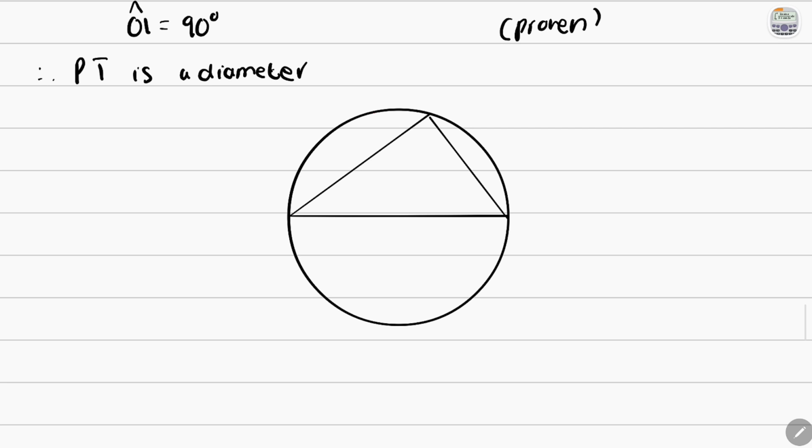So if you are given a circle and you are told this is a diameter, I'm not asking to find or prove that it's a diameter. I'm telling you it is a diameter. So if this is a diameter, what would be the size of this angle? This angle would be equal to 90 degrees, because we know that if an angle is subtended by a diameter, as you can see, this is the diameter, the one point to the other point.